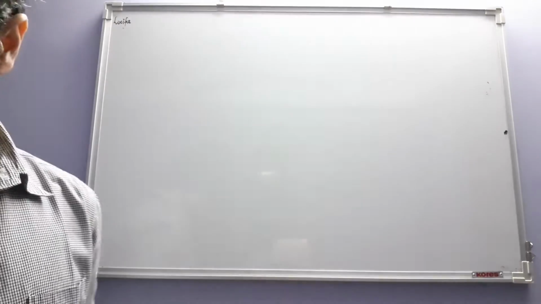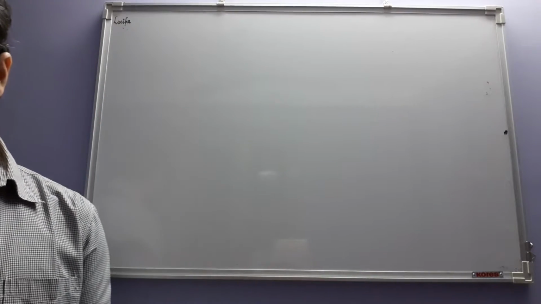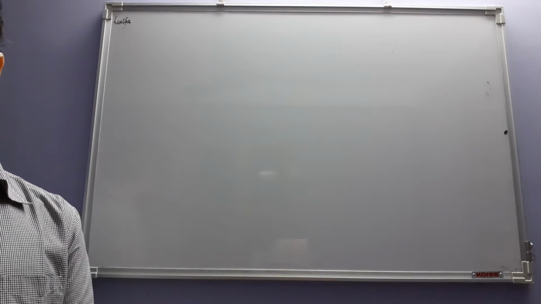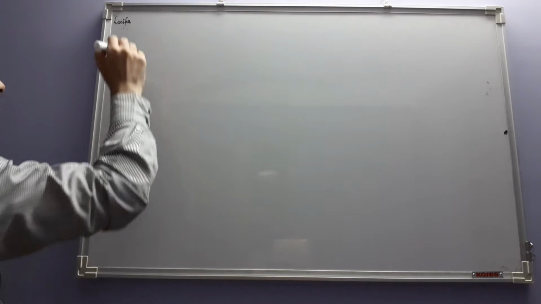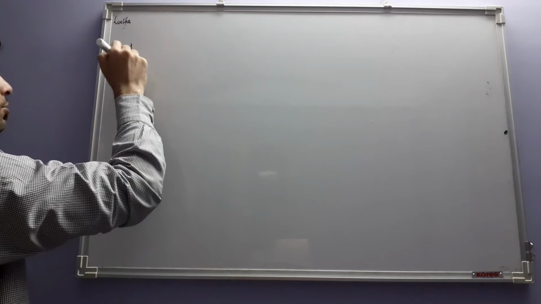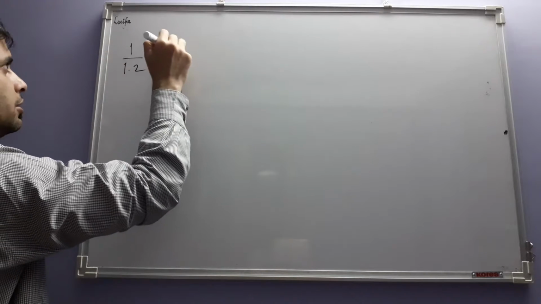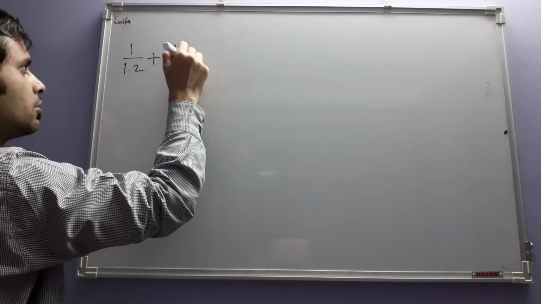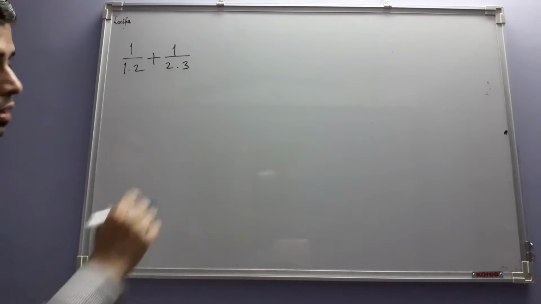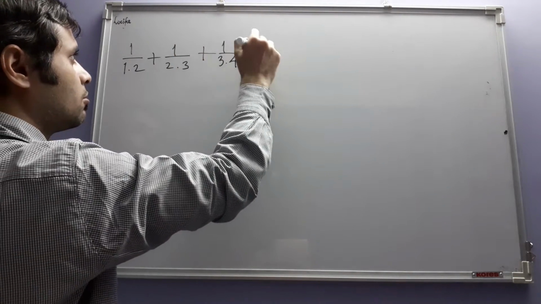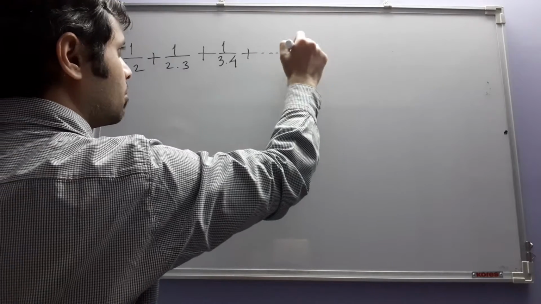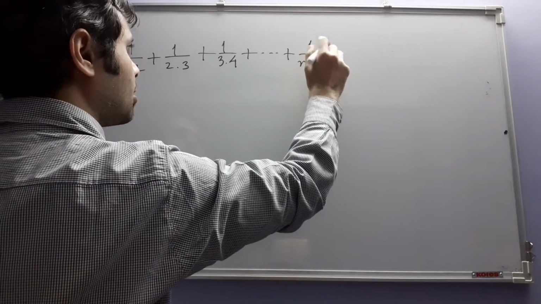Okay, let us take one more problem like this. Show that this is true for all positive integers. 1 by 1 times 2, plus 1 by 2 times 3, plus 1 by 3 times 4, plus up to 1 by n times n plus 1.